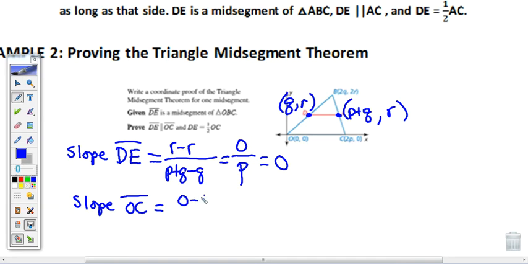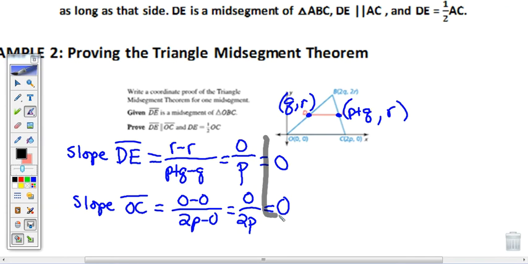That's good because up top you already know you're going to have what? x2 minus x1. So 2p minus what? So it's going to equal 0 over 2p. But again, kids, what slope do you get? What do you notice about the slopes here? They are the same, aren't they? They're both 0. Therefore, the lines must be what? Since slopes are the same, the lines are parallel, we've shown that already.